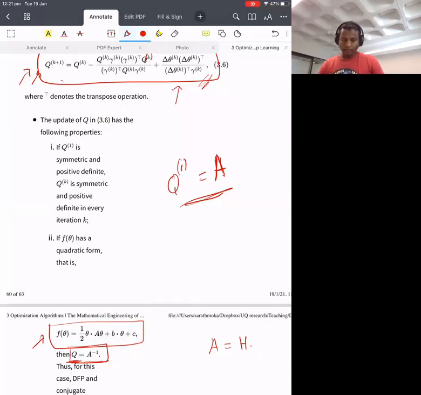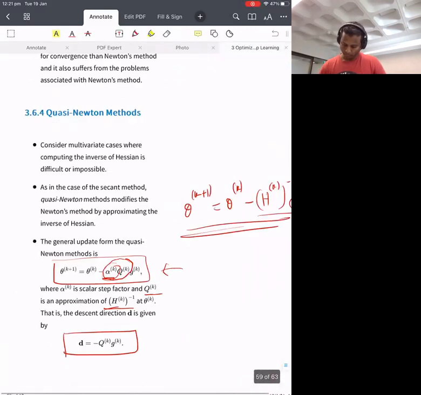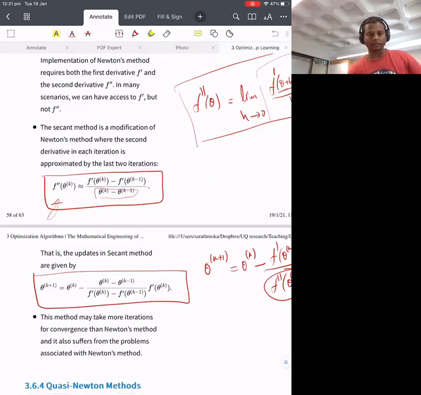Yeah, because there is a question about why the secant method takes more iterations for convergence than Newton's method.